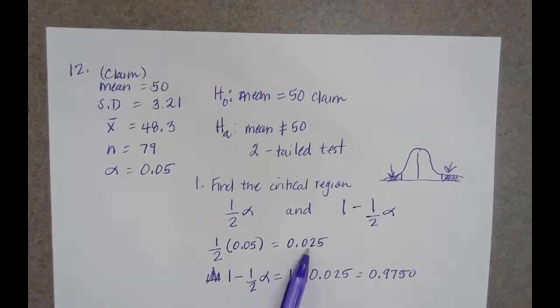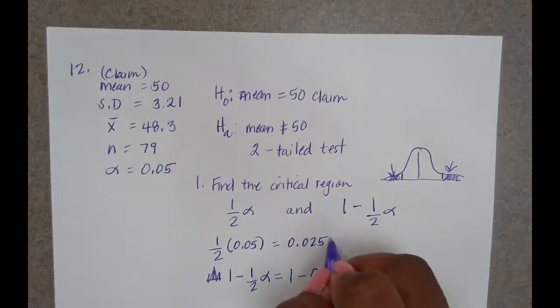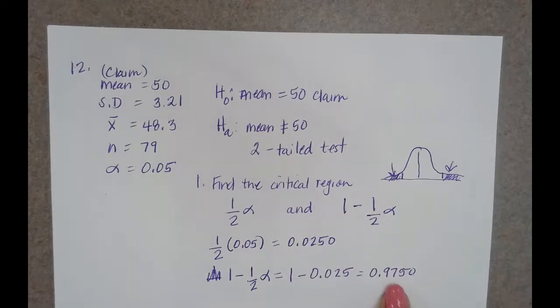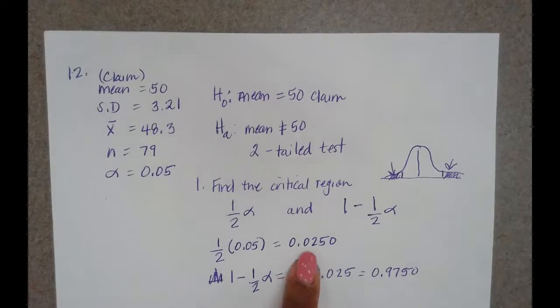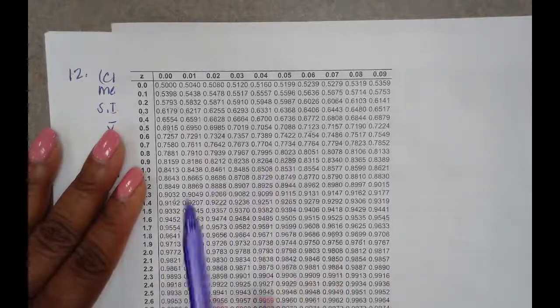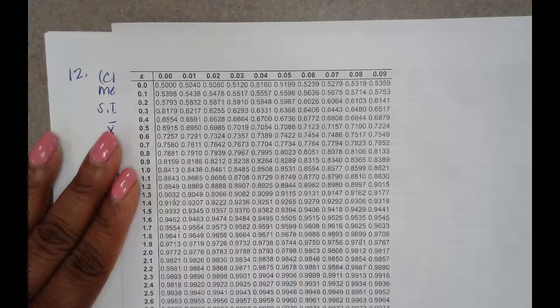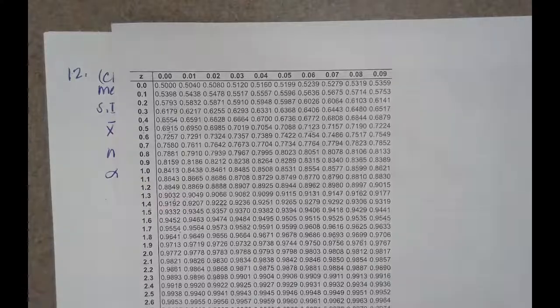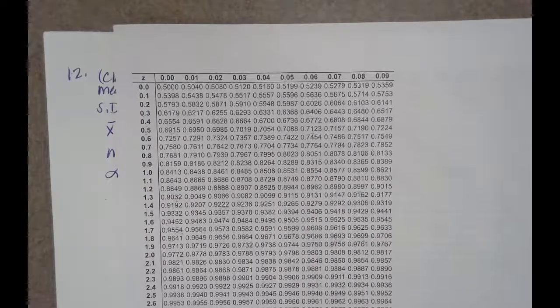So normally the z-scores in the table have 4-digit numbers. So I'm going to write this as 0.0250, and this one is already written in 4 decimal places. So let's go to our z-scores. So the first one I'm looking for is 0.0250. Clearly it's not going to be on this positive side because these numbers are too big.